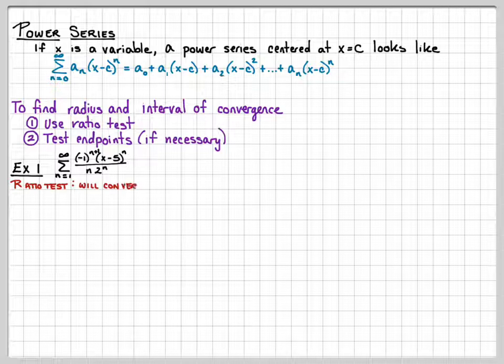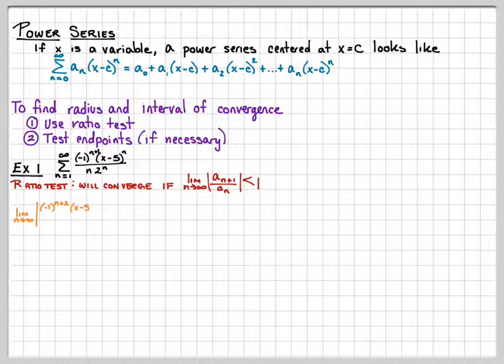The ratio test says that things will converge if the limit as n goes to infinity of the absolute value of a of n plus 1 over a of n is less than 1. So let's go ahead and start with the ratio test: negative 1 to the n plus 2, (x minus 5) to the n plus 1 over n plus 1 times 2 to the n plus 1.